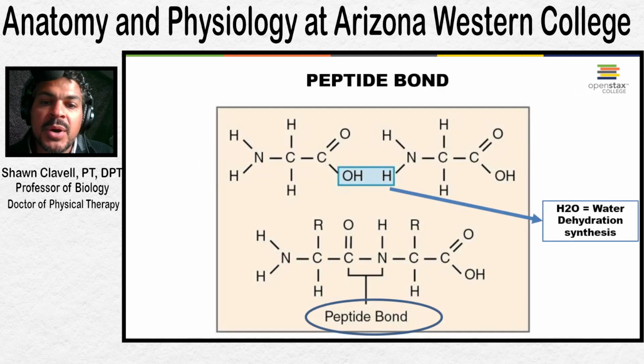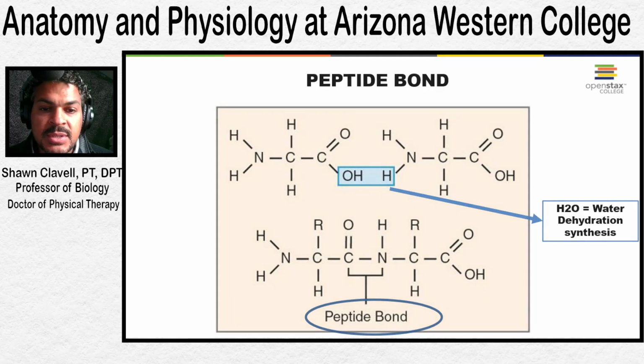A peptide bond is formed when amino acids are joined via dehydration synthesis. Strands containing fewer than about 1,000 amino acids are generally referred to as polypeptides, but a protein is made up of thousands or even more amino acids in a chain.